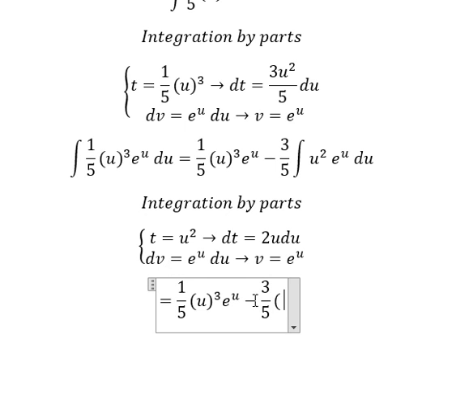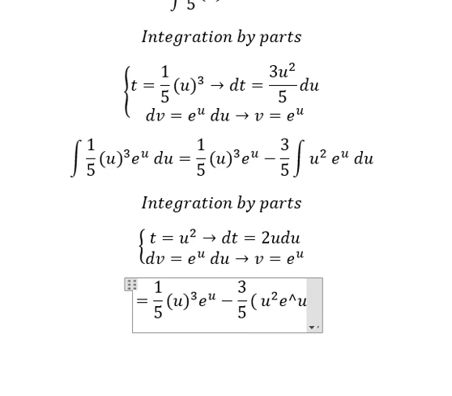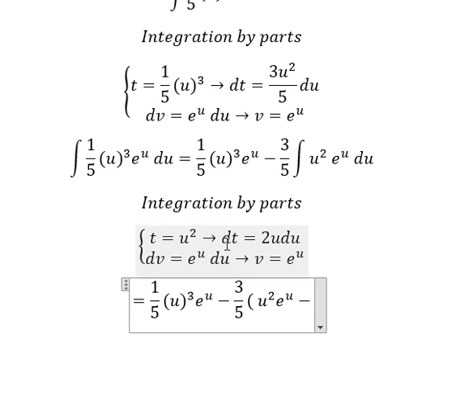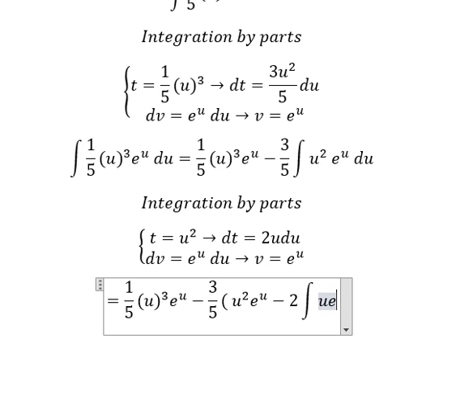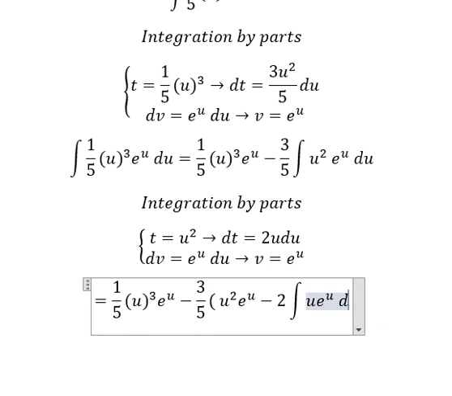So we have t multiplied by v, minus dt multiplied by v, so we have number 2, and then we have the integration of u e to the power of u du.